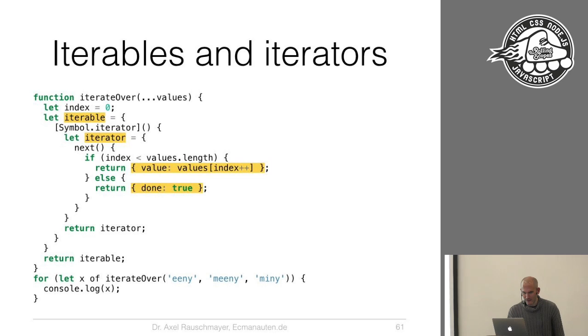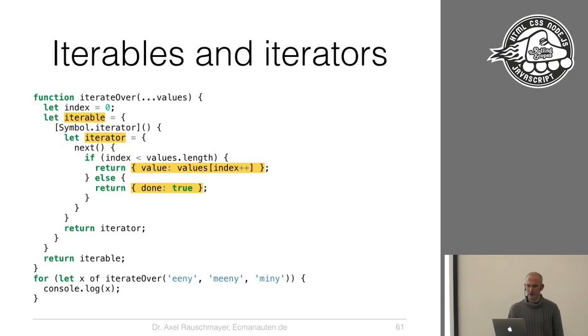So you return a value from the ones up here. And if the index is beyond the length or higher, then you return done. That allows you, for any kind of data structure that implements this method, to become iterable, and you can use the for-of loop over it.